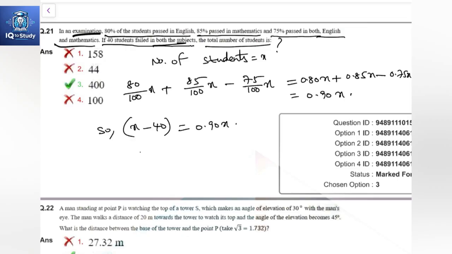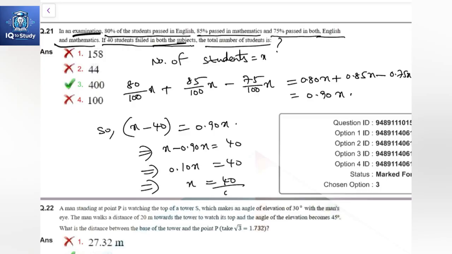That implies x minus 0.90x is equal to 40, and 0.10x is equal to 40, and x becomes 40 by 0.10, that is equal to 400, which is option number 3.